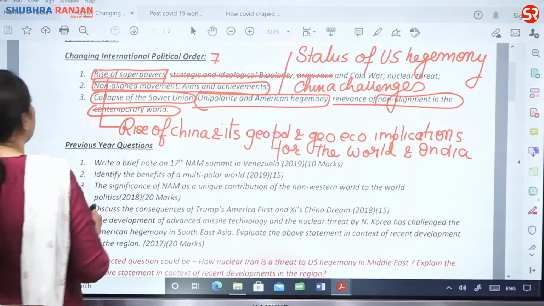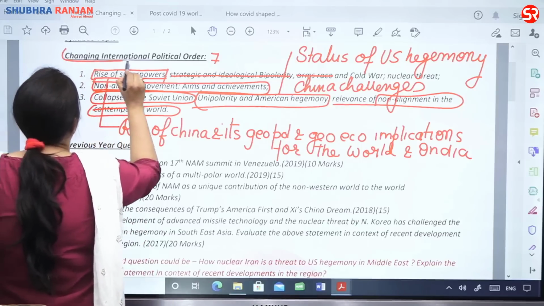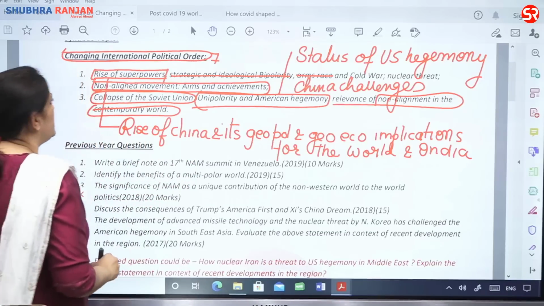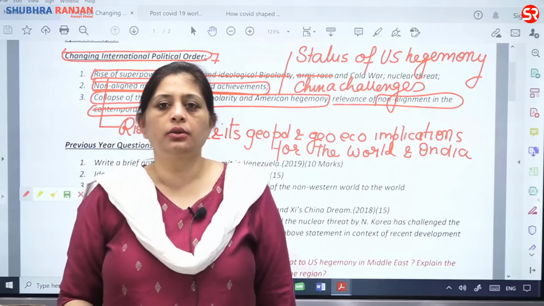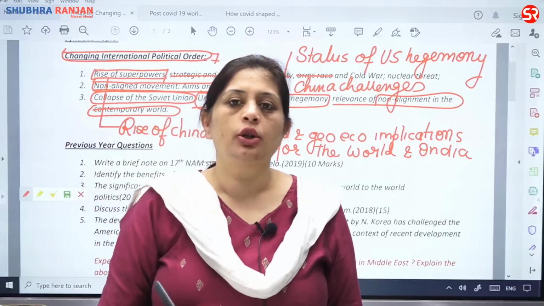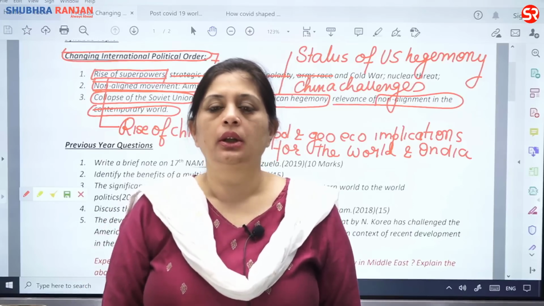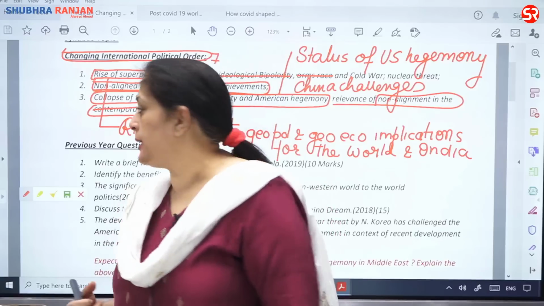Next, if we see the title itself, changing international political order, meaning how the world order is changing, you can expect a question on the post-pandemic world order and India's foreign policy.